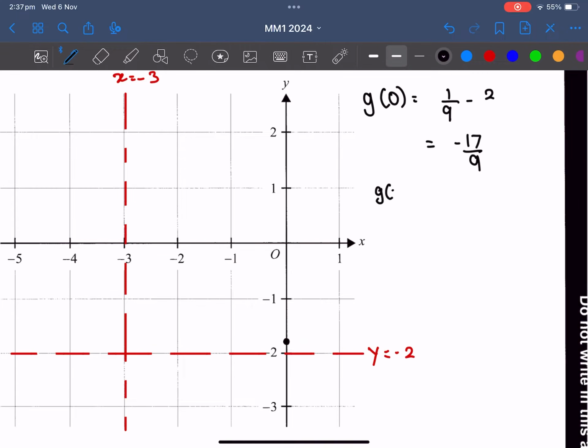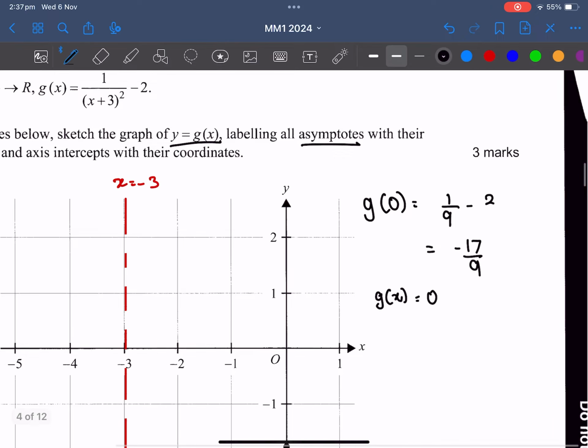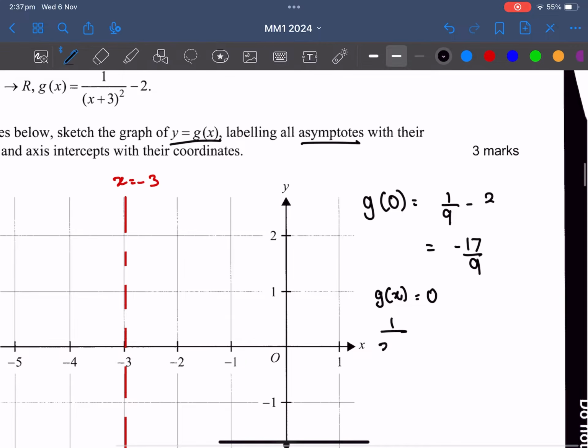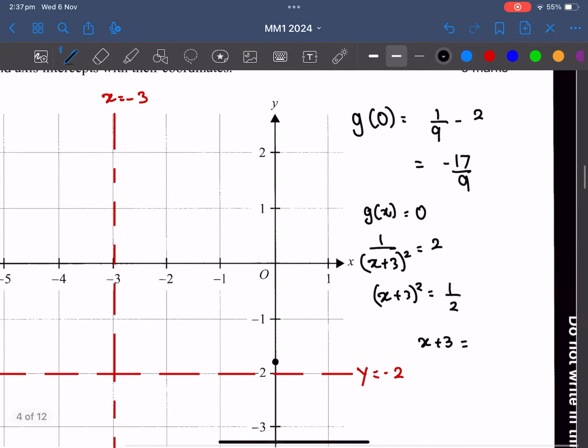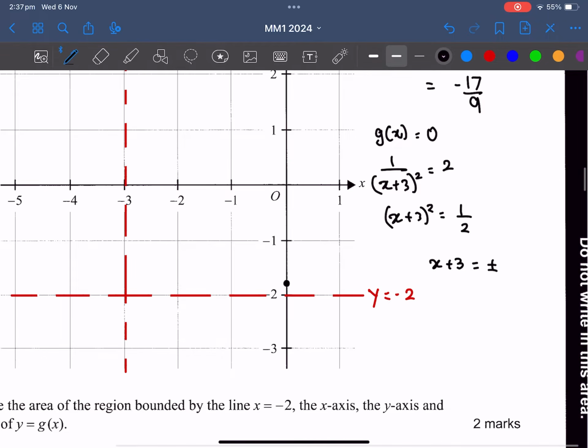Now we solve for the x-intercept, so set y equals 0, so we get 1 on (x plus 3) squared is equal to 2. Then we have (x plus 3) squared is equal to a half. So x plus 3 is going to be equal to plus or minus 1 on square root of 2.